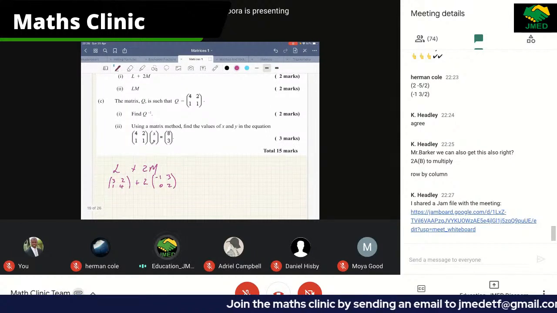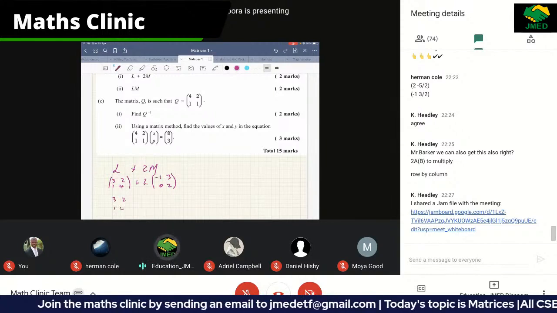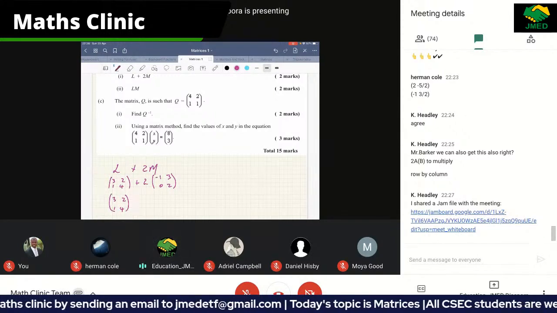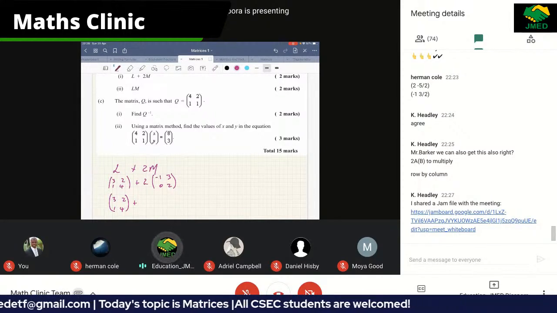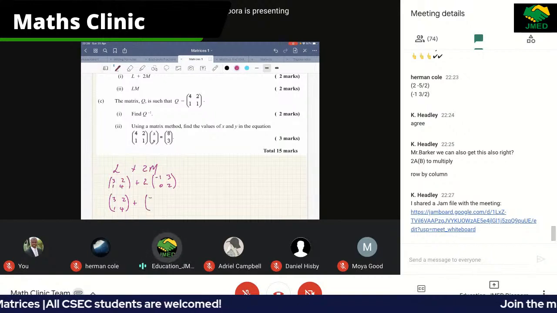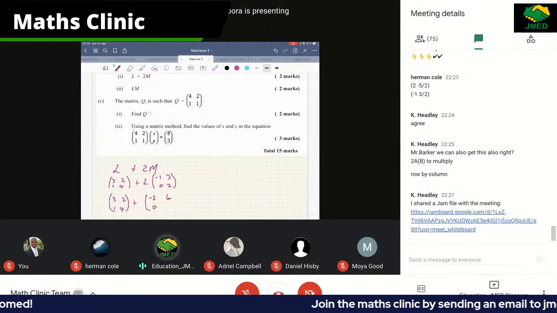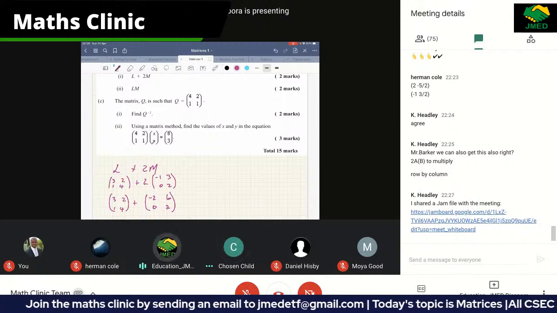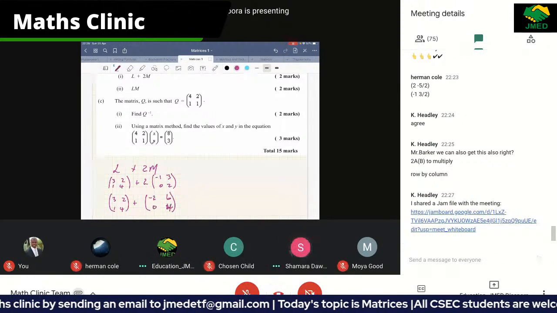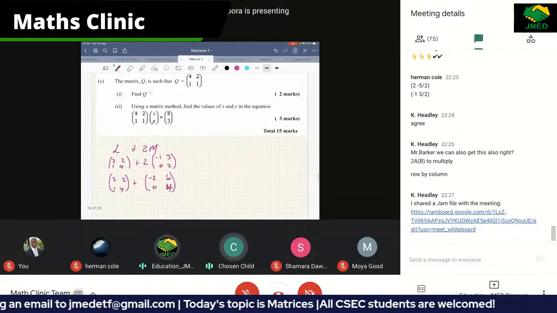So I'm going to write this back. 3, 2, 1, 4. And I'm going to do scalar multiplication here, and this becomes negative 2, 6, 0, 4.